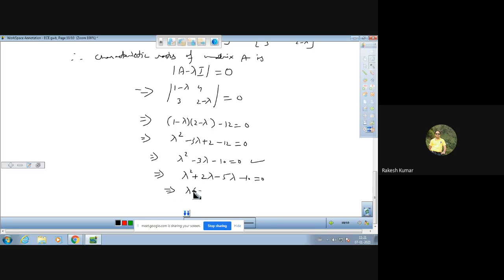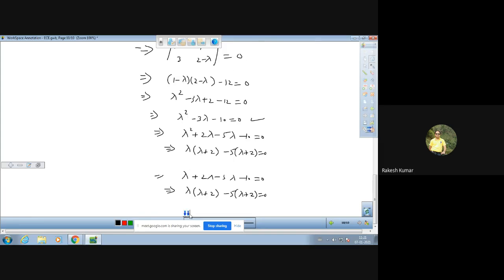So (lambda plus 2)(lambda minus 5) is equal to 0. Therefore lambda is equal to minus 2 and 5.